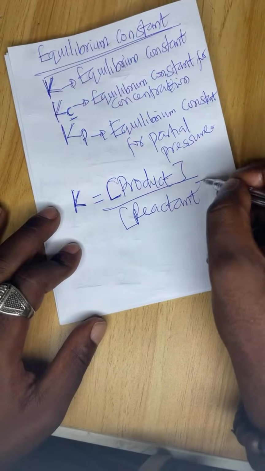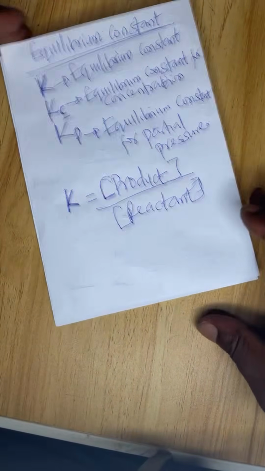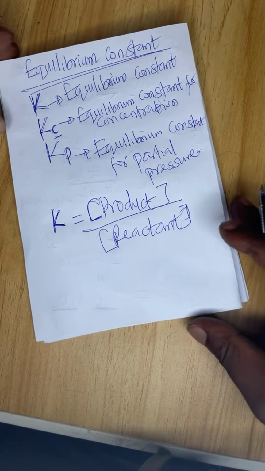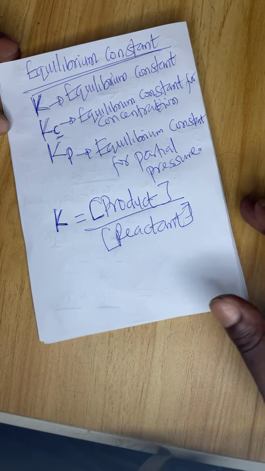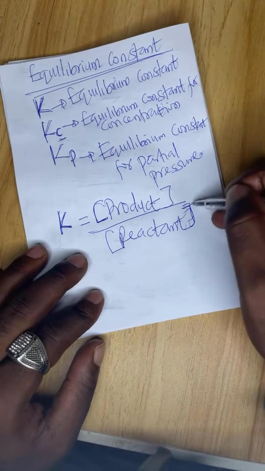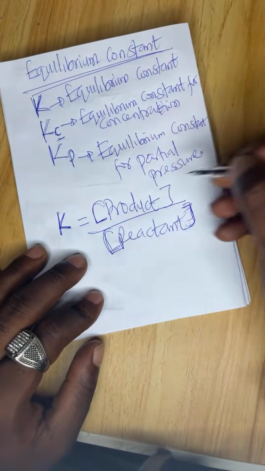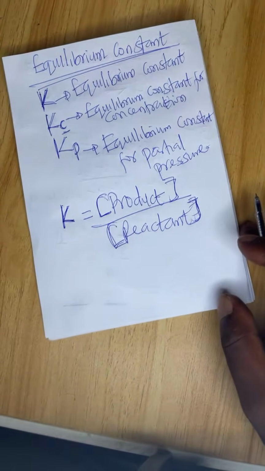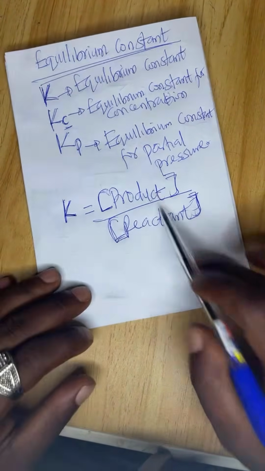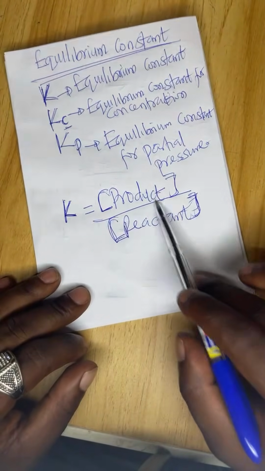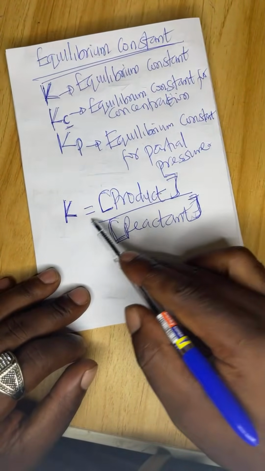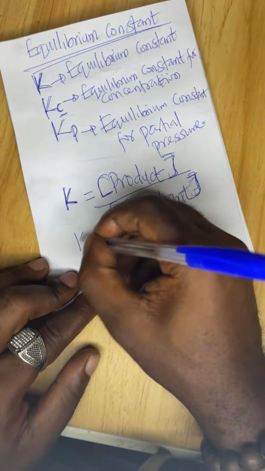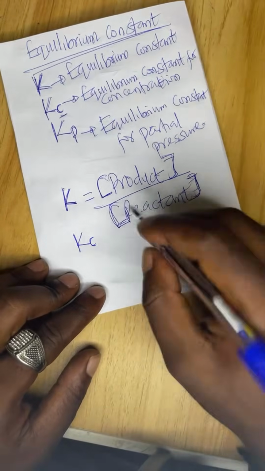Some texts will call it KEQ, but most of the time JAMB doesn't use that. But if they use it, good. This is the product over reactant. But if you want to write KC, this is where it comes in.